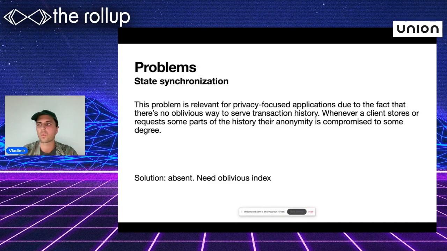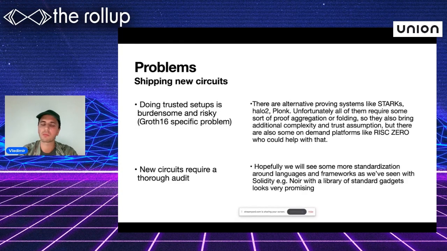And the individual problem of Groth16, and for us, is that shipping new circuits is really a pain point. We have just three circuits, and introducing a new one is always a huge problem. I hope that systems like PLONK and all the flavors of PLONK will get better throughout the years.